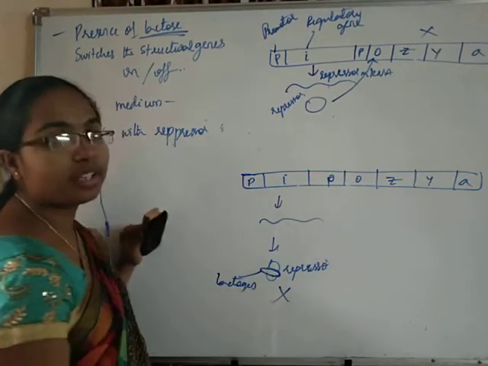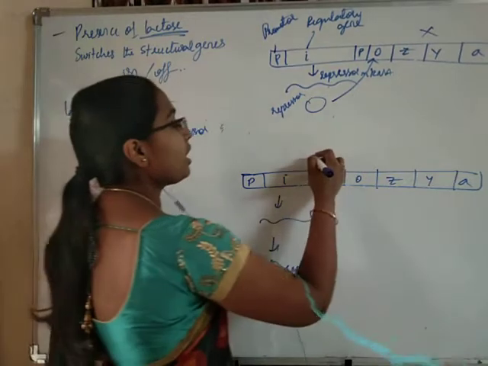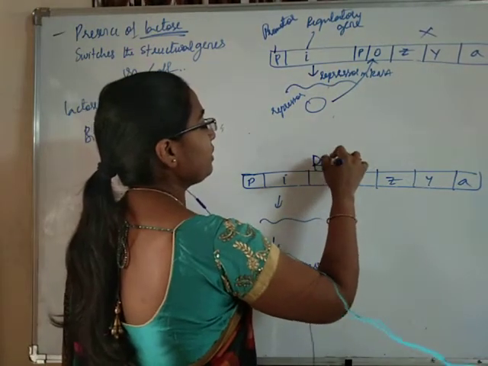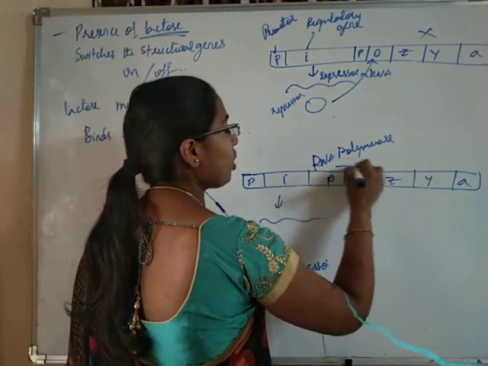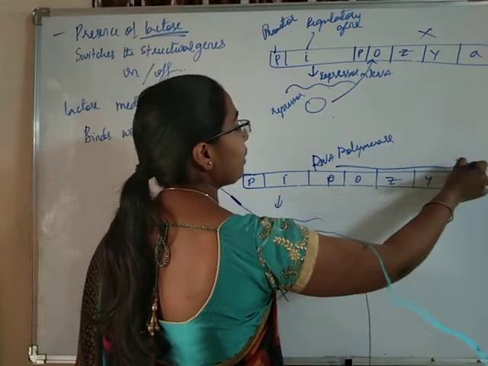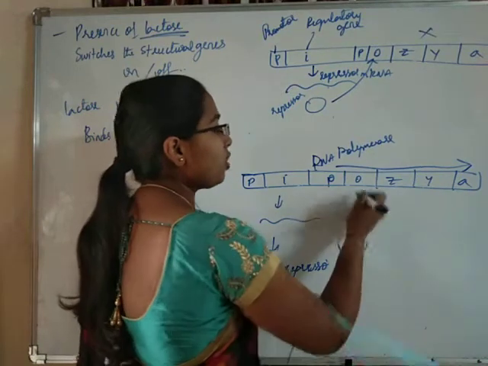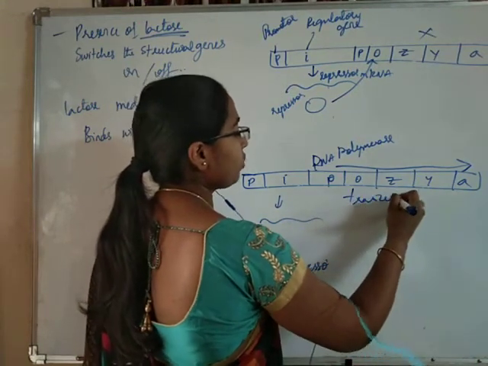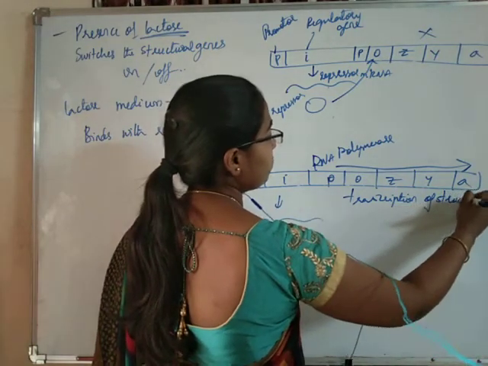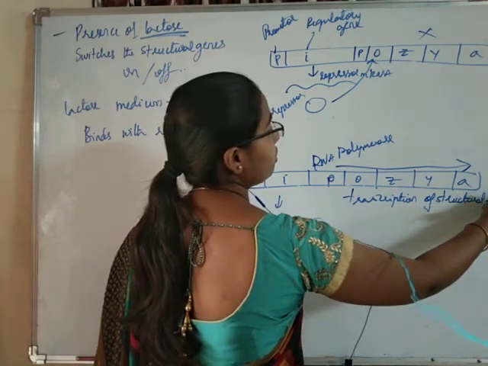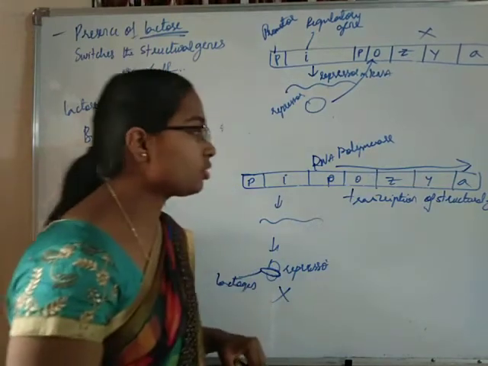Now, because the repressor cannot bind with the operator, the RNA polymerase will be passing through the promoter, operator and all the structural genes, causing the transcription of all those structural genes.